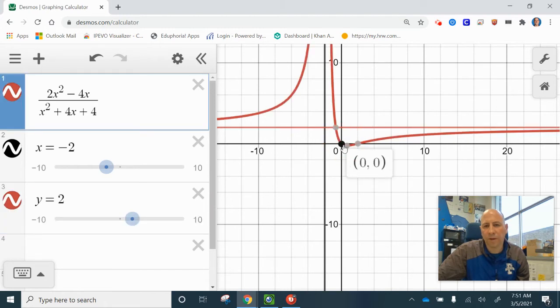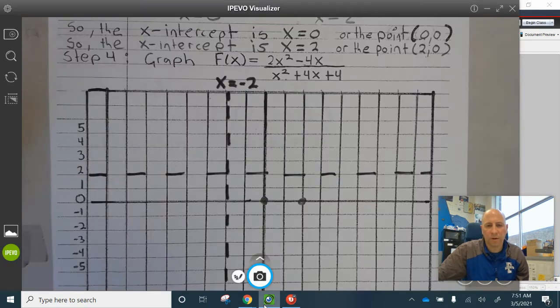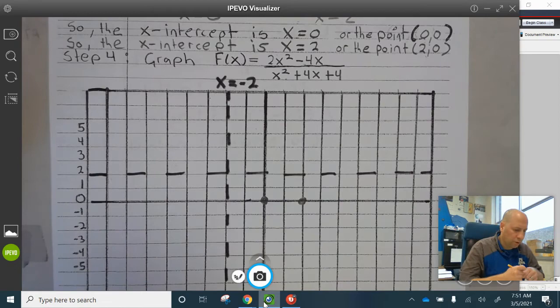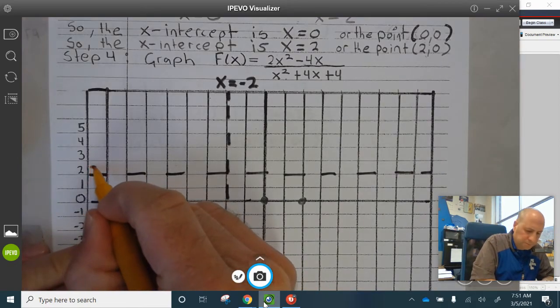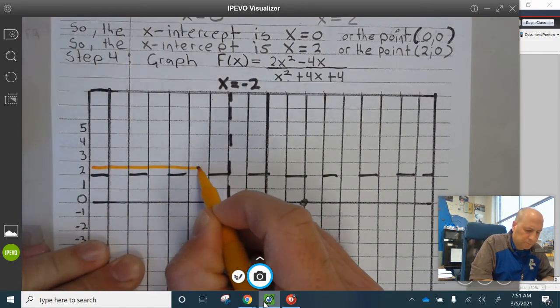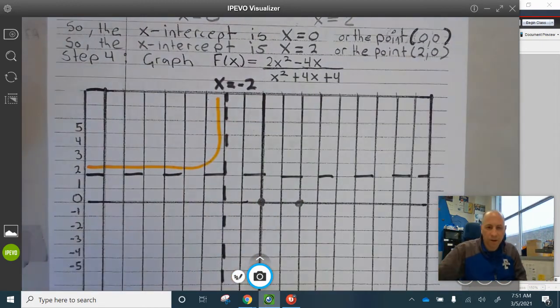Now, interestingly, you can see that it actually goes through and back up through that point. So it goes through the 0, goes down, and goes up to the 2, 0. So we know our curve is right here. Okay, go back.